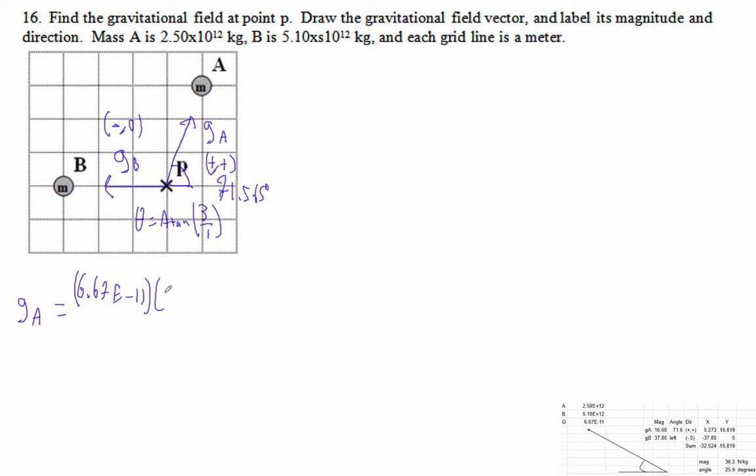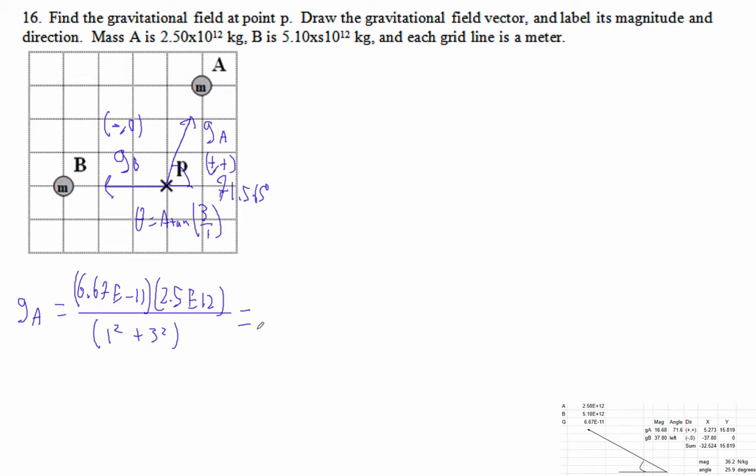So 2.5 times 10 to the 12th. And then our distance to A is the square root of 1 squared plus 3 squared, but then we're going to square that. So we end up with 1 squared plus 3 squared.